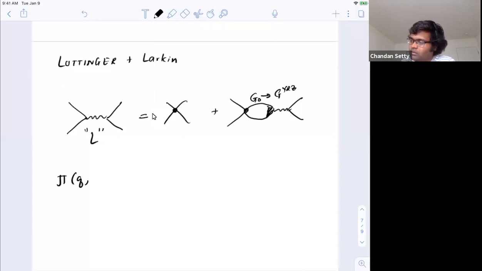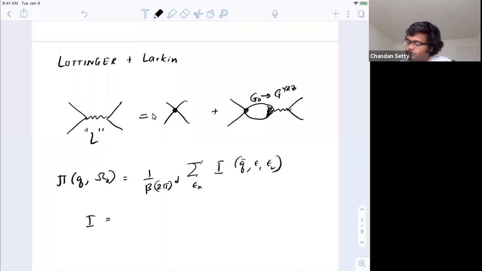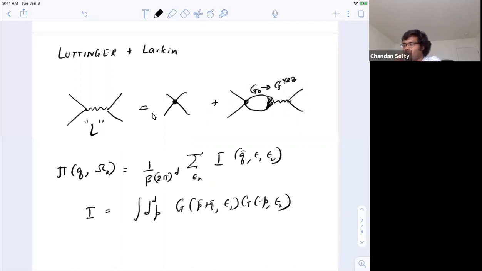So this pi now is given by some integral I, where G is the full YRZ Green's function.